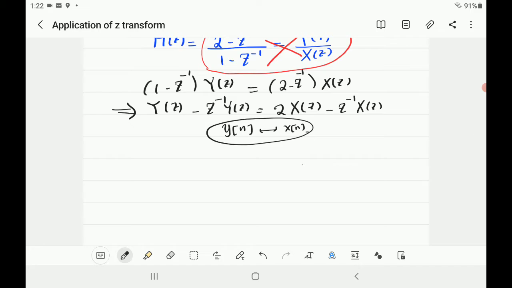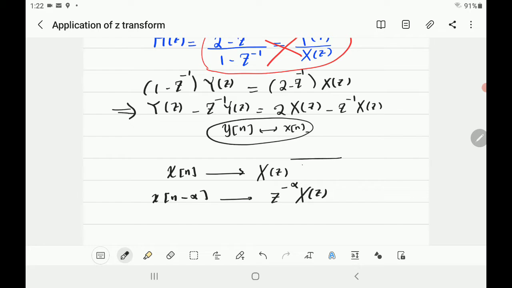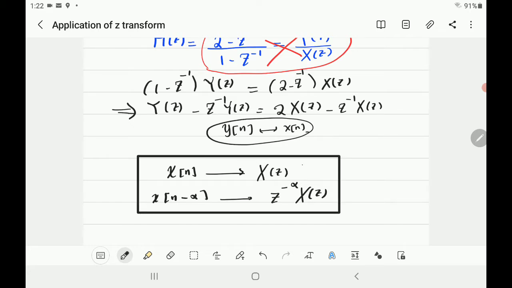This property says that if you have a signal x of n and you want to find its z-transform, you can call it x of z. If you have x of n shifted by alpha, you will have z to the power of minus alpha times x of z. That's a very important relationship. Don't ever forget it because you use it all the time.